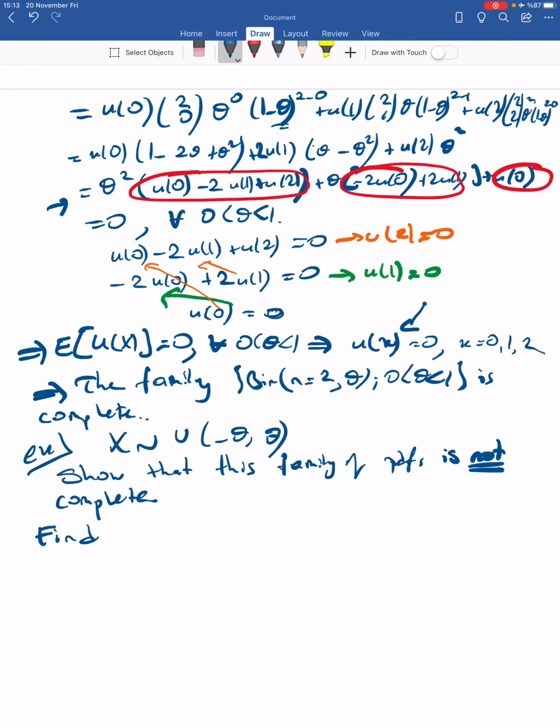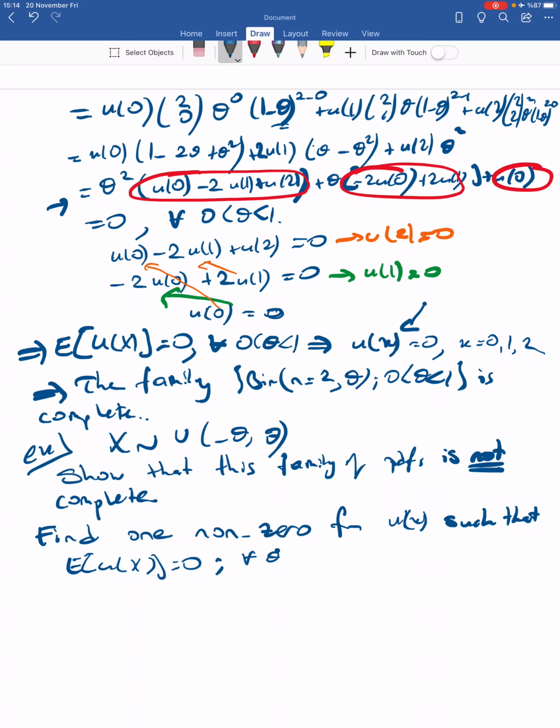If you can find just one non-zero function u(x) such that the expected u(X) is 0 for all possible values of theta, but u(x) is different than 0, that will be enough.